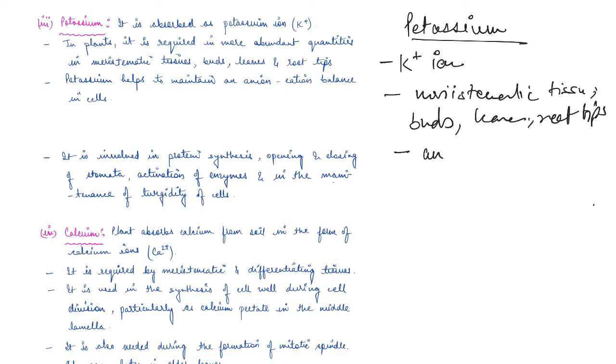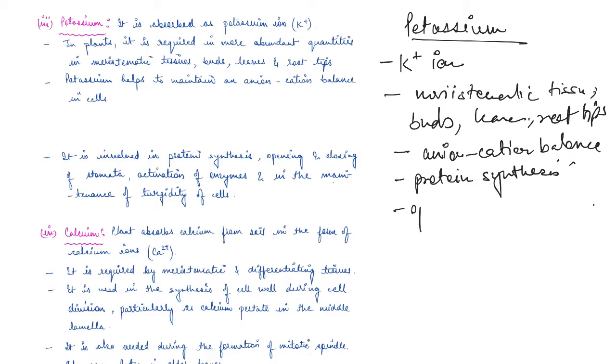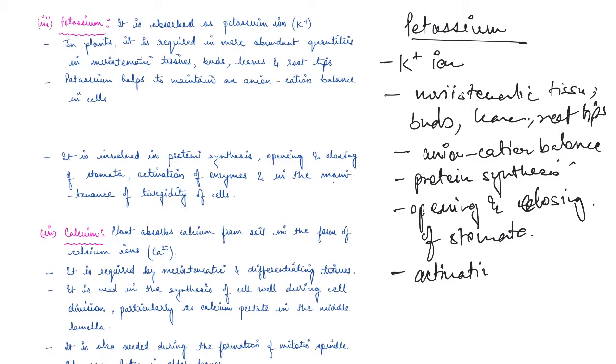It helps in maintaining anion and cation balance, it helps in protein synthesis, which is very important, in opening and closing of stomata, activating enzymes, and maintaining turgidity of cells.